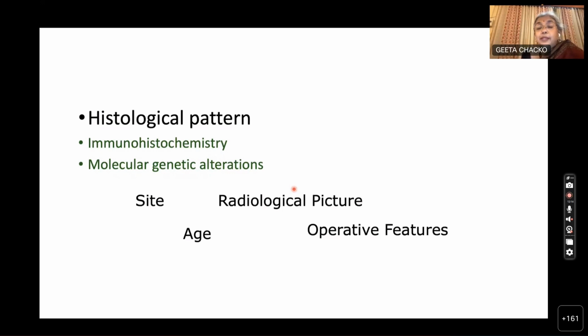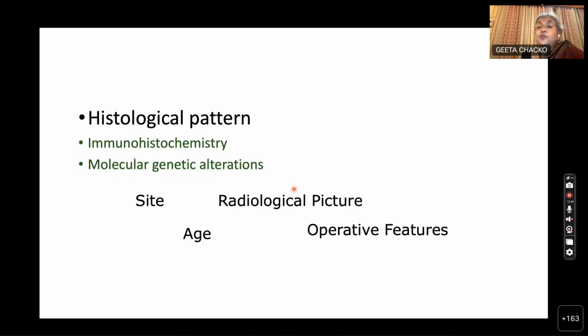So when one gets a biopsy, the factors that one has to think of even before putting the slide on the microscope are: what is the age of the patient, what is the duration of symptoms, what is the site, how does the imaging look, and, very important, to communicate with the surgeons to know what they have seen. Whether it's a vascular tumor.